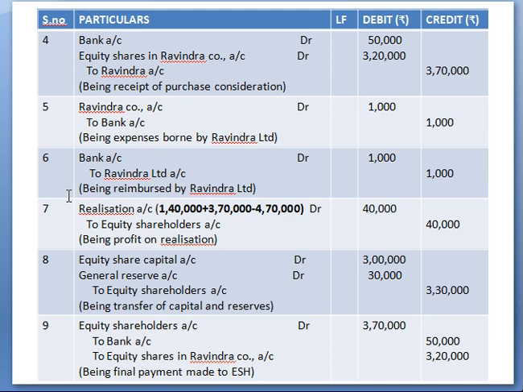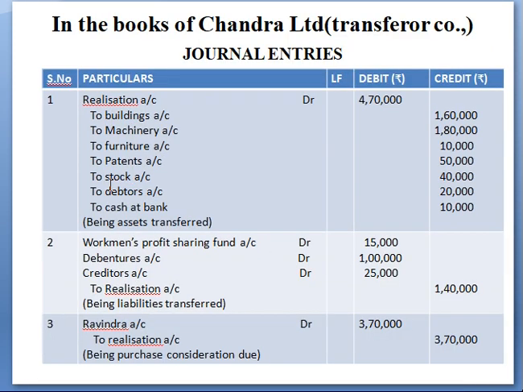How do we calculate the realization profit? Always, realization is of the nature of a nominal account, right? Which means debit all expenses and losses, credit all incomes and gains. Check your entries from the 1st to the 6th entry where you are getting the realization. If it is a credit realization, which means the incomes are more than the expenses, you get a profit payable to the equity shareholders.